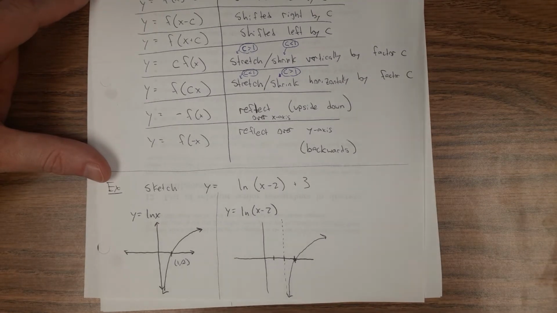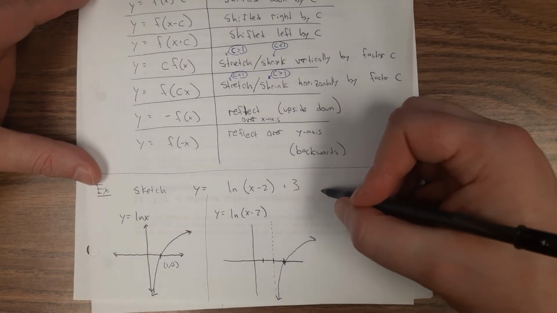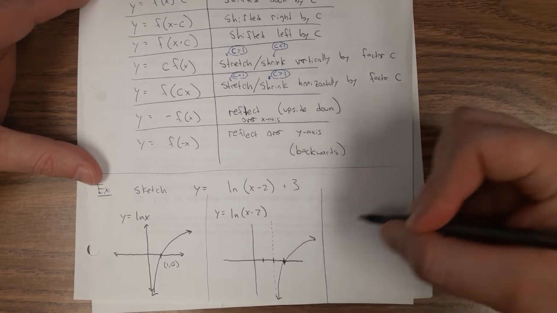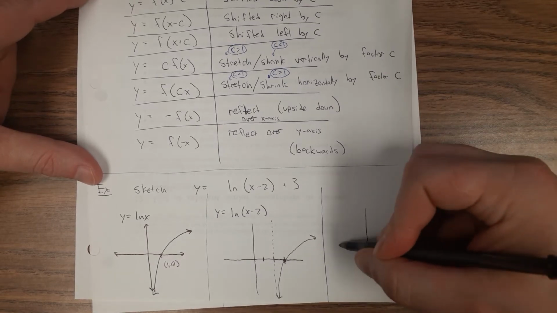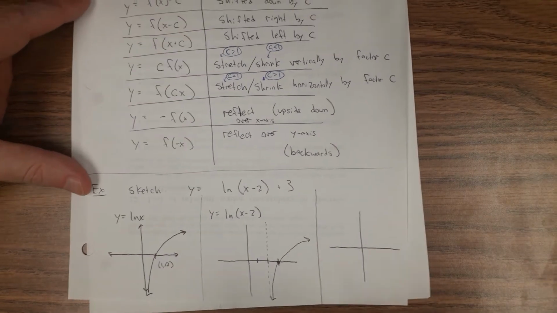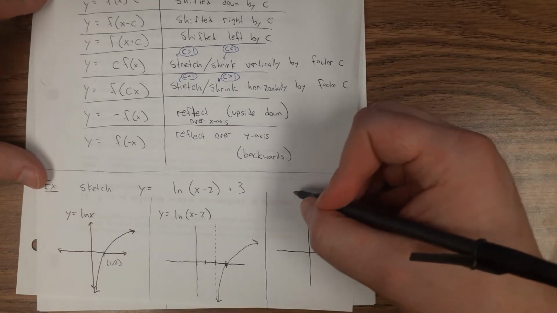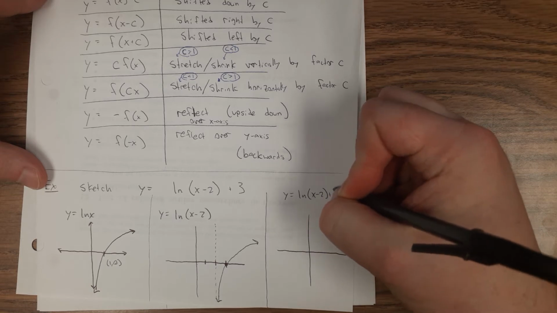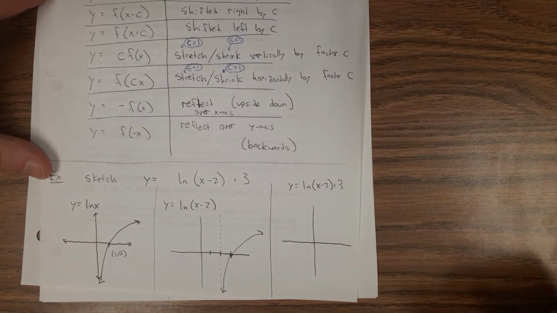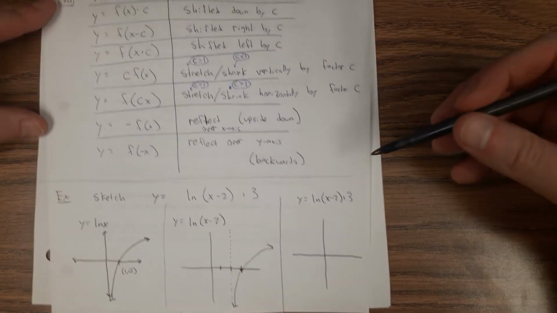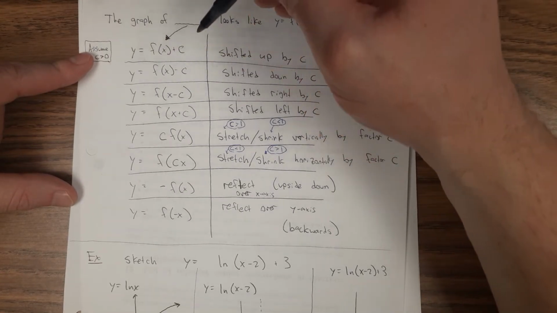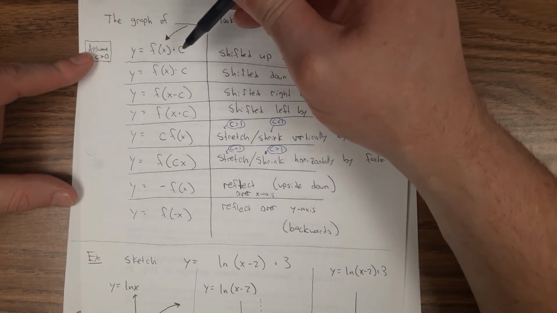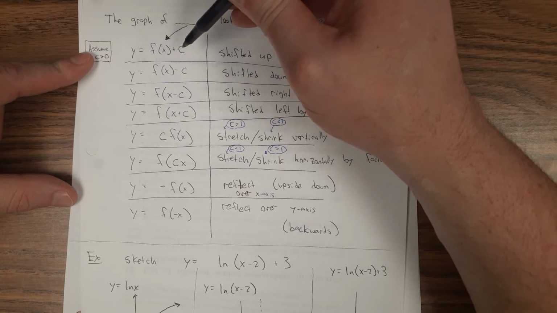All right, now finally, let's put in the +3. What does that do? It just shifts everything 3 units up, right? That's like this one. I'm adding 3 and it's outside the parentheses.